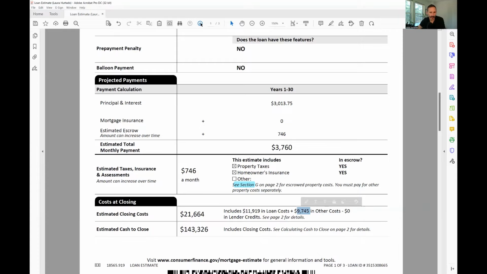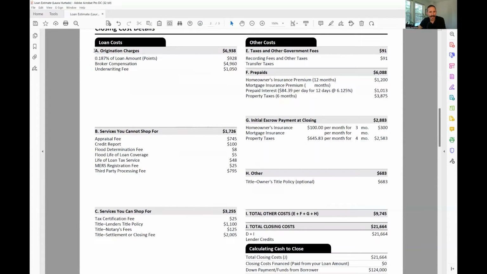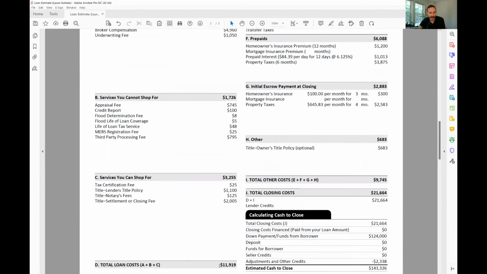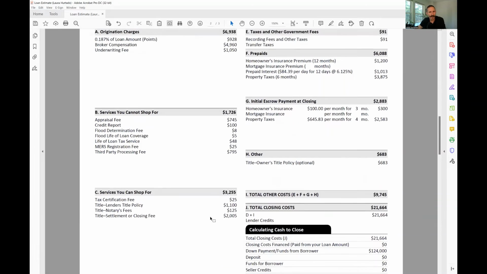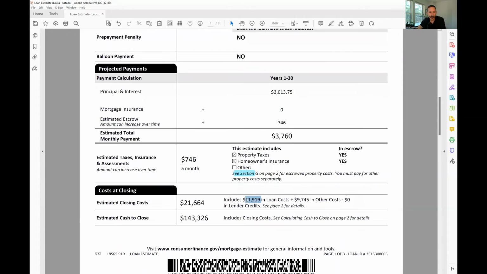So where do we find those numbers? Well, we find them on page 2. So you could see that section A, B, and C, they're summed up down here in D. So you could see D says $11,919, and that's A, B, and C. Okay. Now, if you go back to page 1, you'll see that that's in this portion.